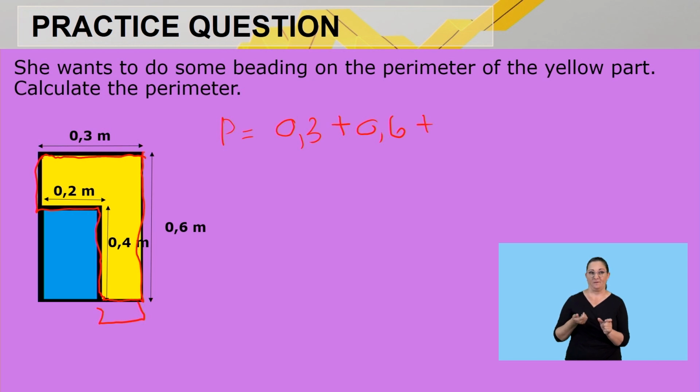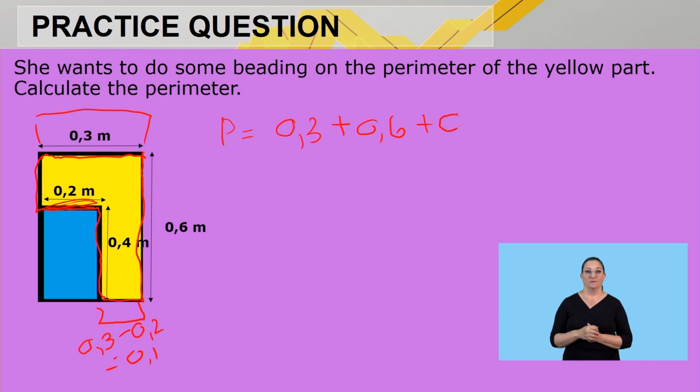So we need to calculate that yellow part. Now, if the whole piece is 0,3, and that blue part there is 0,2, this side is going to be 0,3 minus 0,2, which is then 0,1. So the third measurement is 0,1.